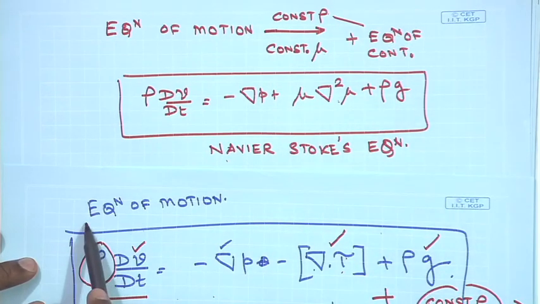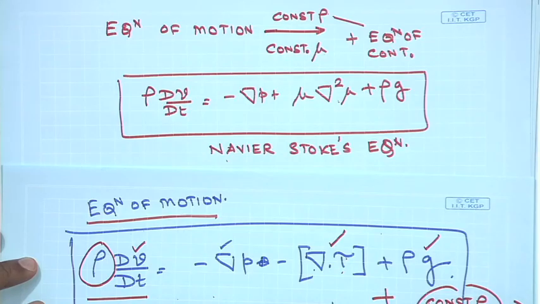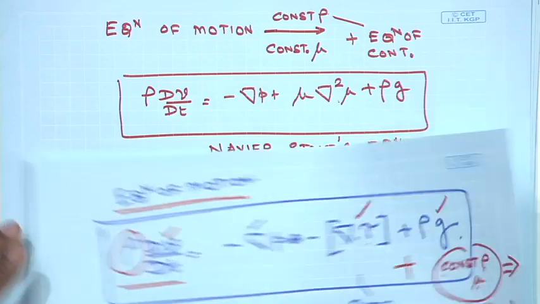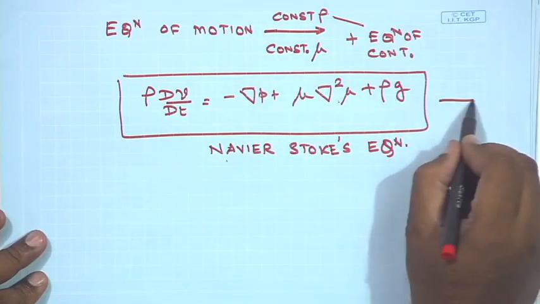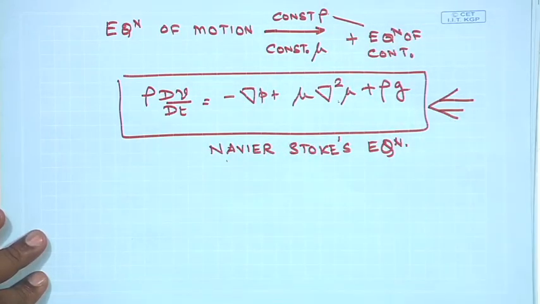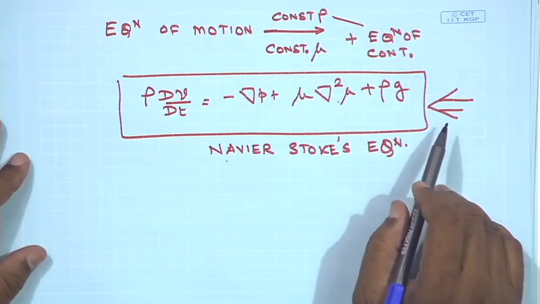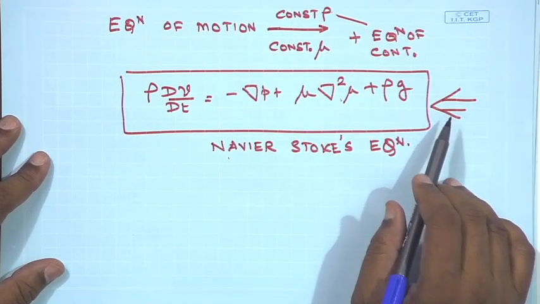So, the equation of motion for the special case when the rho and mu of the fluid are constant gives us the Navier Stokes equation, and this is the one which we are going to use in all our subsequent studies of fluid motion.